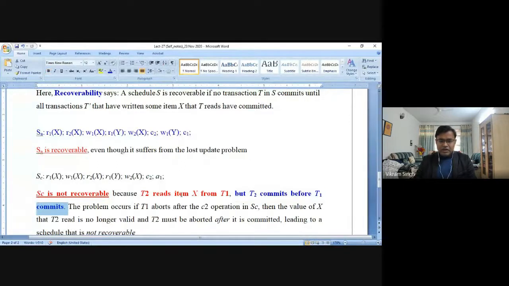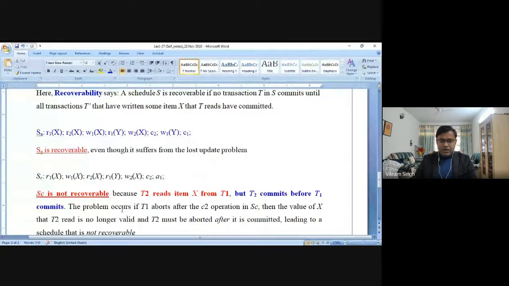Because T1 is trying to modify, we can see here that transaction T2 is getting closed first and T1 is still open. T1 has not committed yet. So it is assumed that after committing C2, if for some reason transaction T1 fails, we cannot recover it.